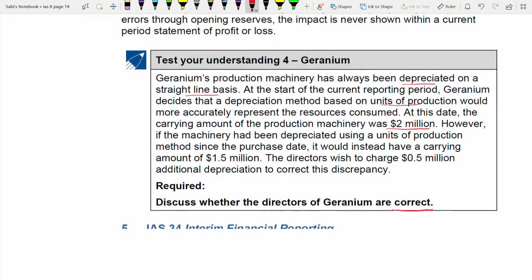However, if the machinery had been depreciated using units of production, the carrying amount would be 1.5 million. The directors wished to charge 0.5 additional depreciation to correct this discrepancy. To 1.5, they are adding 0.5 also. Additional depreciation. Discuss whether the directors of Granium are correct or not.